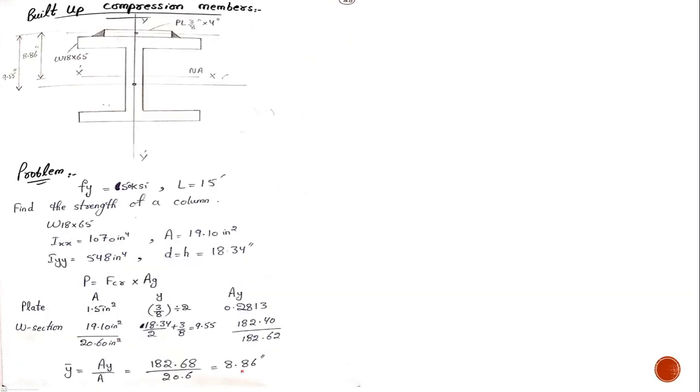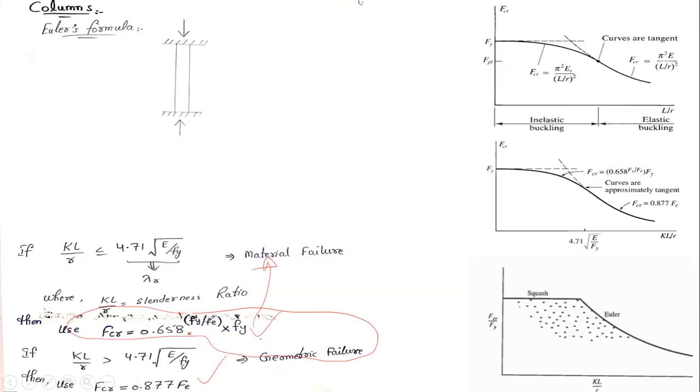For geometric failure, we use this equation, and you should remember from the previous lectures that the mode of failure was decided based on the slenderness ratio. You had to find the slenderness ratio and compare it with lambda r. This is the lambda r.